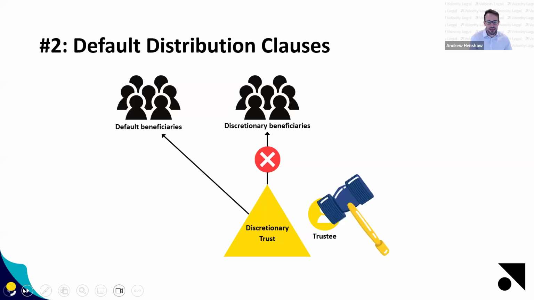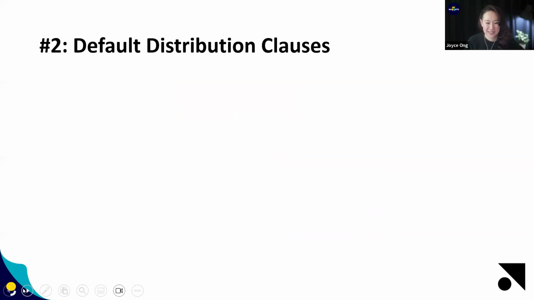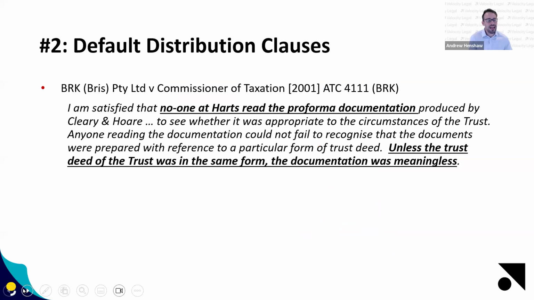And there's a little hammer whacking the trustee for not making a distribution. I put a quote in from a case called BRK. It involved some solicitors, Cleary and Hoare, and an accounting firm called Harts. And the court, this great quote, said they were satisfied that no one at Harts, the accounting firm, read the pro forma documentation produced by the lawyers to see whether it was appropriate for the circumstances.